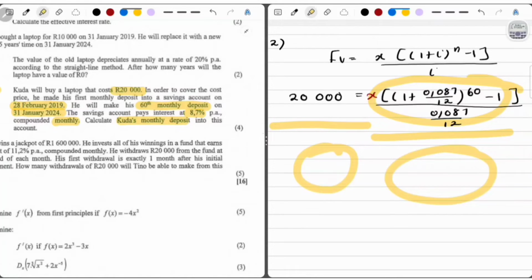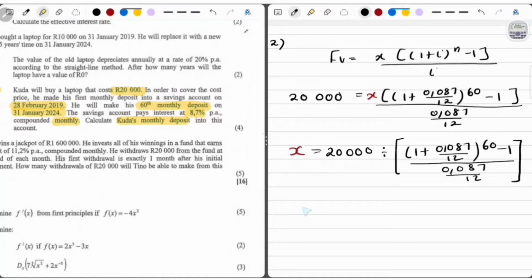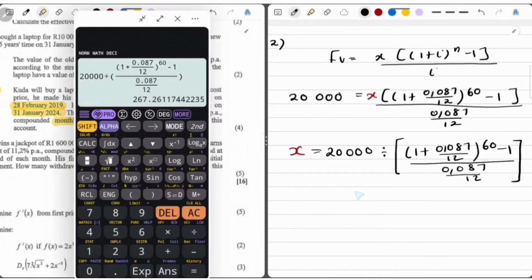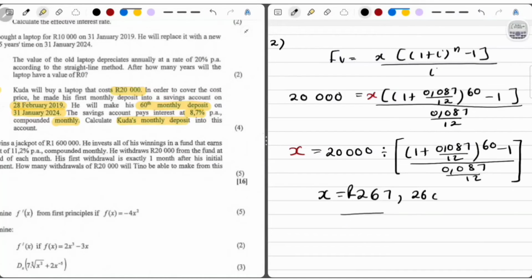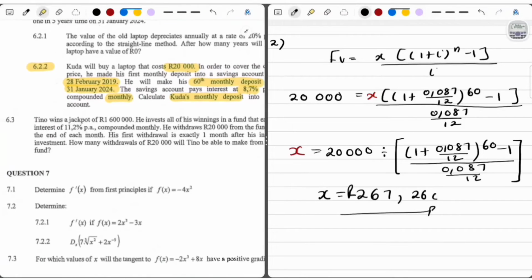So your equation will say x is equal to 20,000 divided by everything here. And this will finally be equal to 267 Rand and 26 cents. That's how much his monthly deposits will be, so that he can end up with that 20,000 after 5 years. Okay, so that is it for that question.